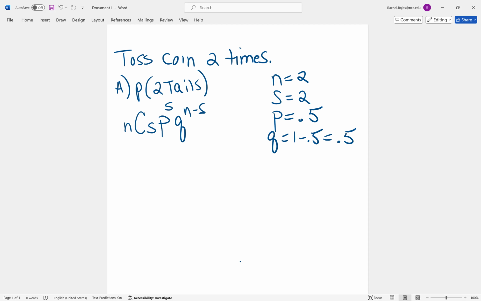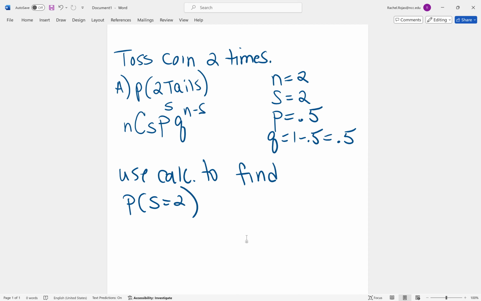That's the probability of failure, getting a head instead of a tail. Now I want to use the calculator to find the probability that S is 2, that there are 2 successes.